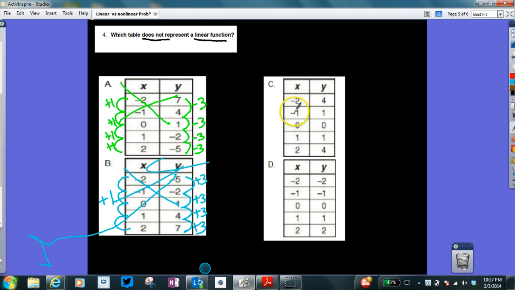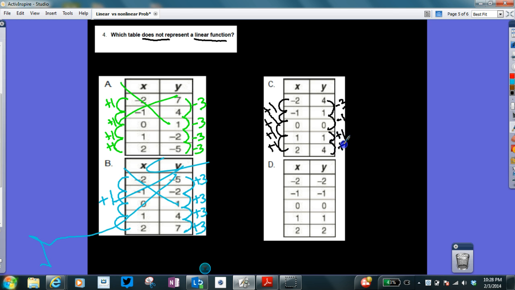Again, it looks like my domain is the exact same as the other ones. Plus 1, plus 1, plus 1, and plus 1. Now the range on this one, you have from 4 to 1. Well, 4 to 1, that would be a change of minus 3. Then you have 1 to 0. Well, that's minus 1. 0 to 1, plus 1.